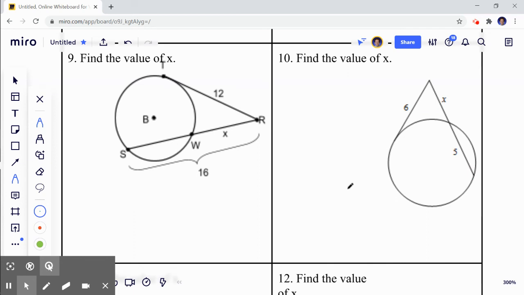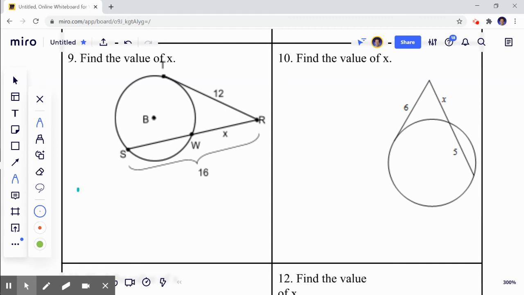Okay, so number 9, TR is a tangent and SR is a secant. So this is where this rule would apply. The tangent measure is 12, the whole secant segment is 16, and the outside piece for this secant is x.